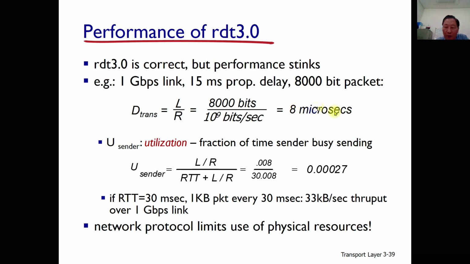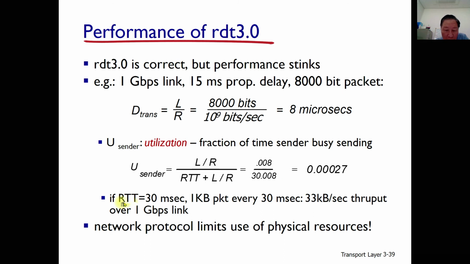Micro means 10 to the power minus 6. Sender side utilization is the fraction of time sender is busy sending, that means fully utilizing the transmission channel. That utilization can be derived as we derived already in the next slide.